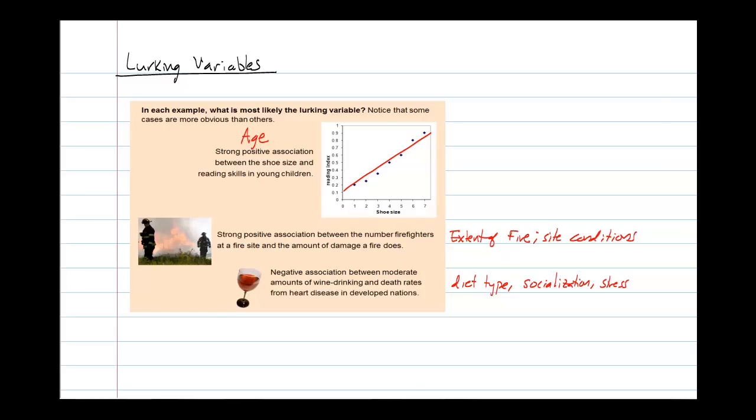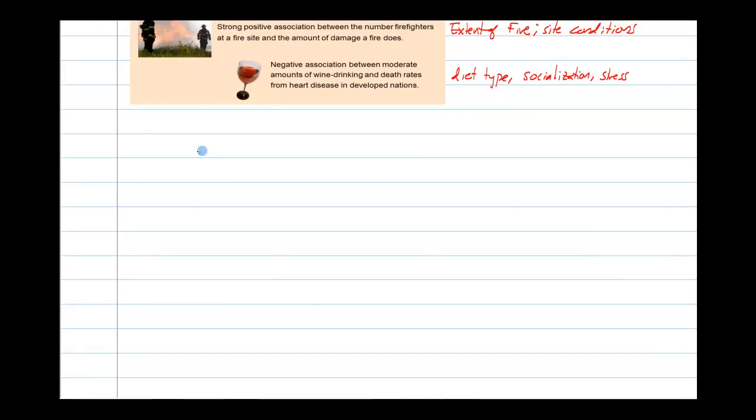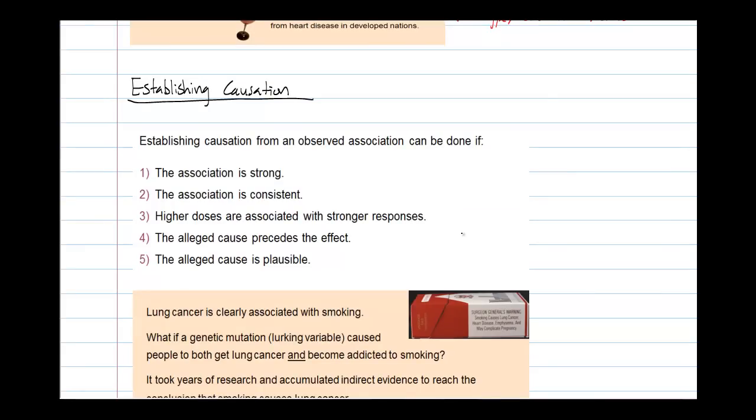The last thing we want to do is, if association does not establish causation, how do we establish causation? Well, establishing causation is actually quite difficult. We can try to establish causation when we have a certain number of characteristics present.